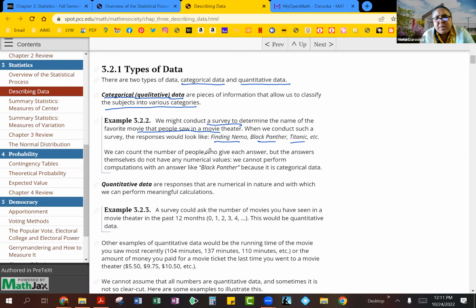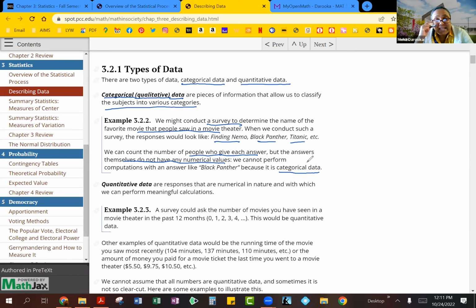We can count the number of people who give each answer, but the answers themselves do not have any numerical values. We're just saying 20 people liked Black Panther. So this is what we would consider qualitative or categorical data, because your data itself is not the number.